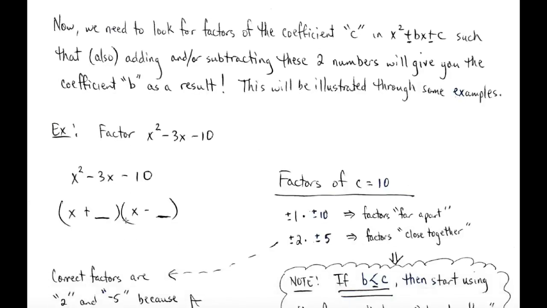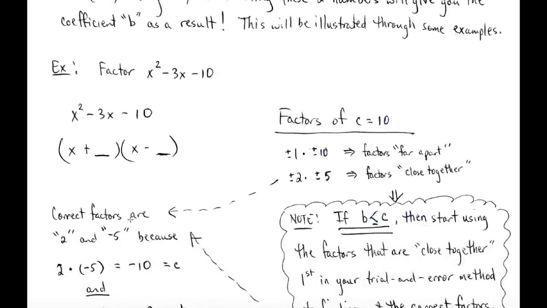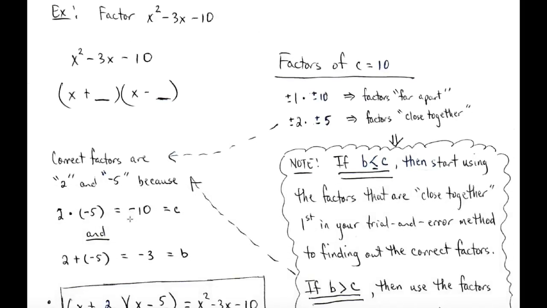So our first example here, we have x squared minus 3x minus 10. First off, our signage is such that we have minus, minus here. So therefore we know that we're going to have x plus a number and x minus a number. Now from there we look at what are all the factors of 10.